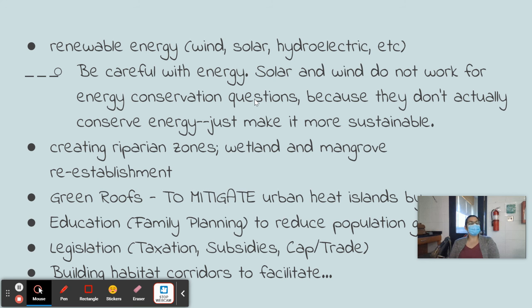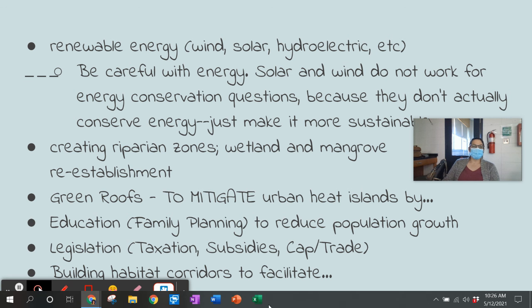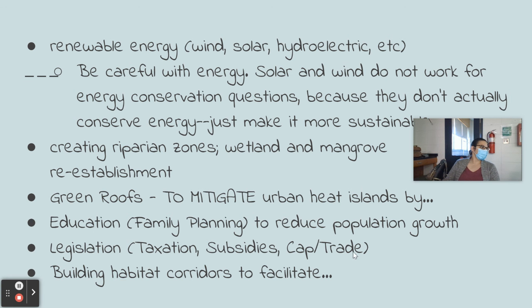Green roofs. If you're going to say plant a green roof, well, why? To mitigate the urban heat islands. Well, how are you going to use a green roof to mitigate an urban heat island? They absorb carbon dioxide, they emit oxygen.